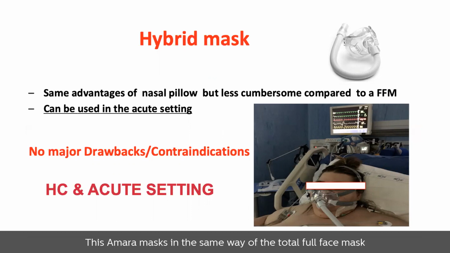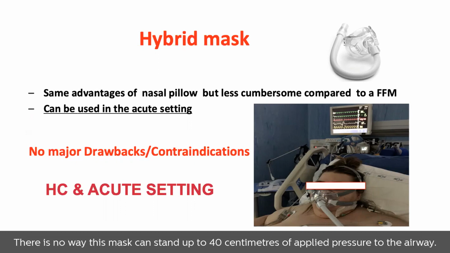This Amara mask, in the same way as the total full face mask, is able to avoid the nasal bridge. And by avoiding the nasal bridge, it is able to preserve the skin without any skin breakdown. And there is no way to make this mask fail up to 40 centimeters of applied pressure to the airway.